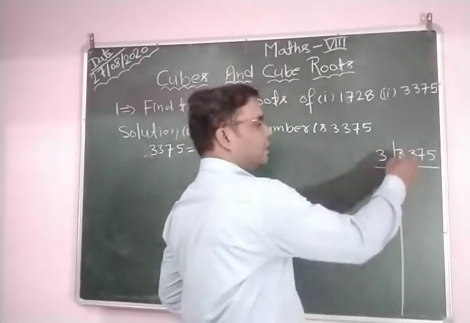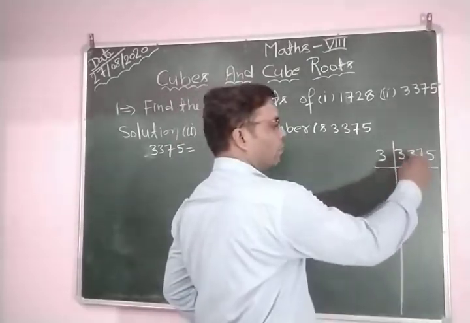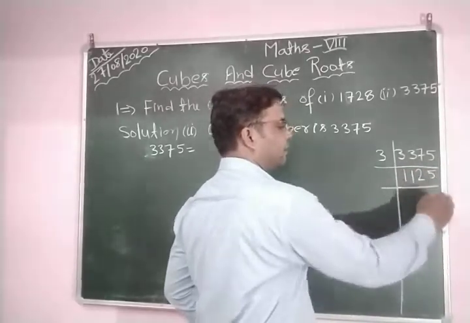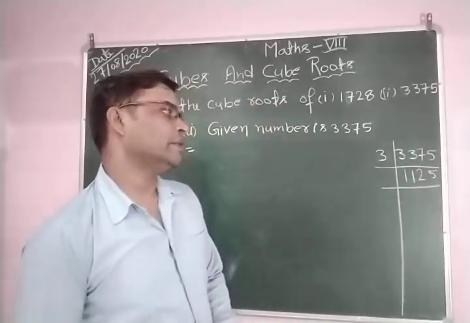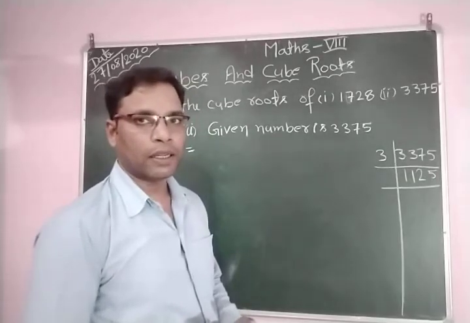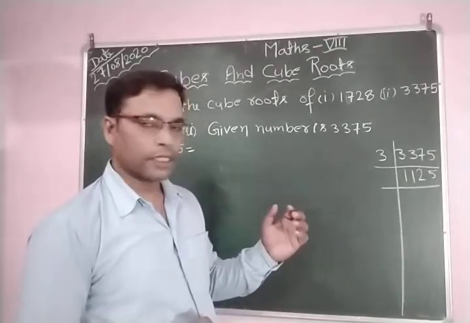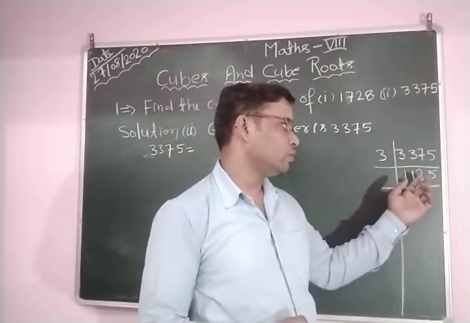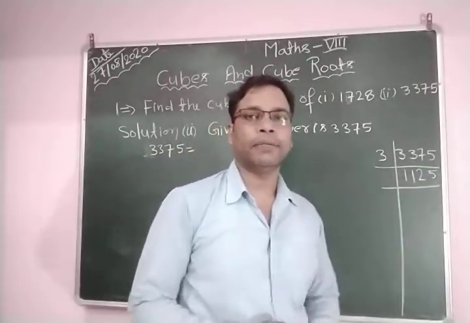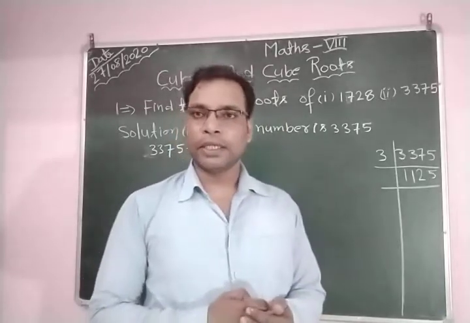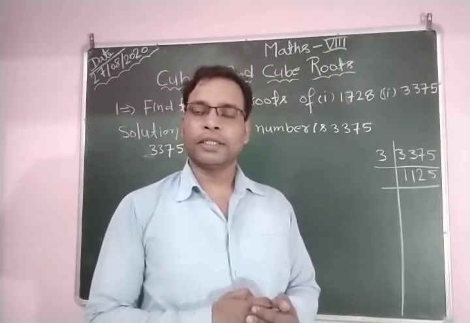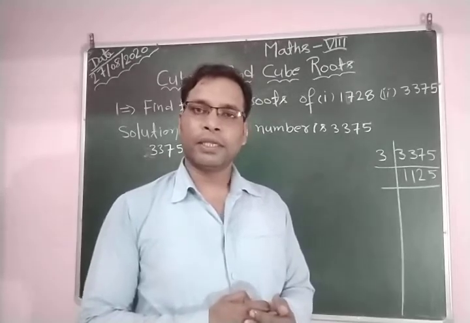If we divide 3375, the quotient is 1125. This number is also divisible by 3 because the sum of digits is 1 plus 1 is 2, plus 2 is 4, plus 5 is 9. If the sum of the digits of a number is divisible by 3, then that number is also divisible by 3.